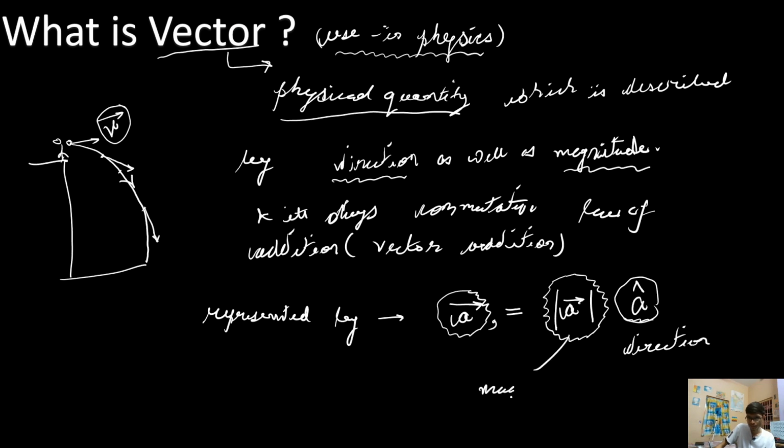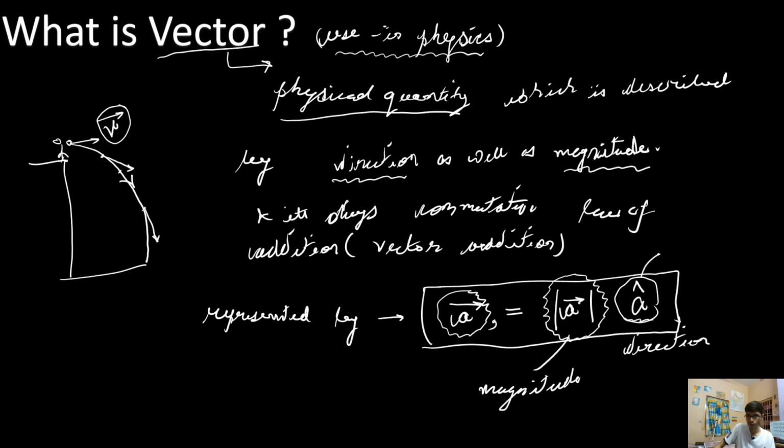This part represents the magnitude, and this as a whole is the representation of a vector. This is known as the unit vector, which is denoted by this symbol, also known as a cap.